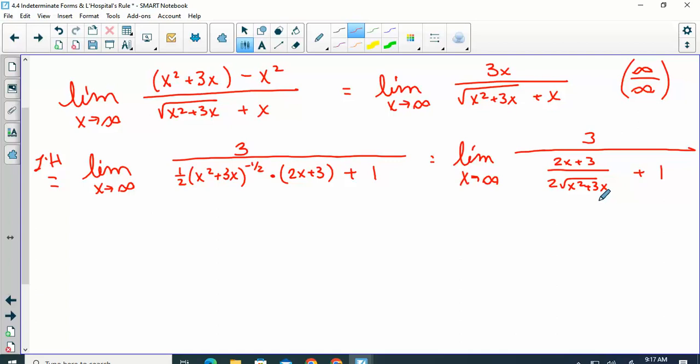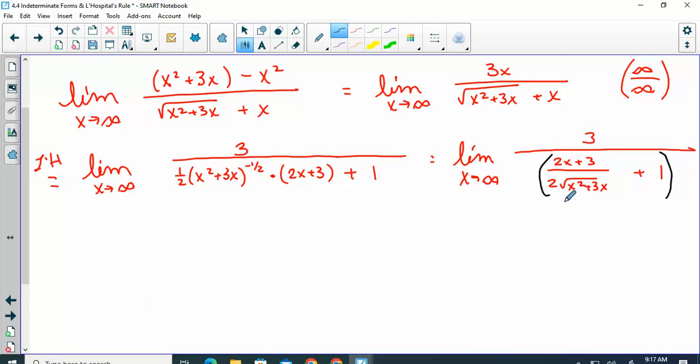Can I plug infinity in right now and know what it's going to turn into? Not really, because this fraction right here would be infinity over infinity, which means we don't know. I don't really want to try L'Hopital's from here. This is pretty awful. So let's keep trying to clean it up. The thing that makes it so ugly is the fraction in a fraction.